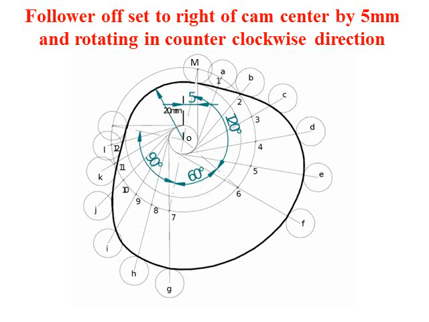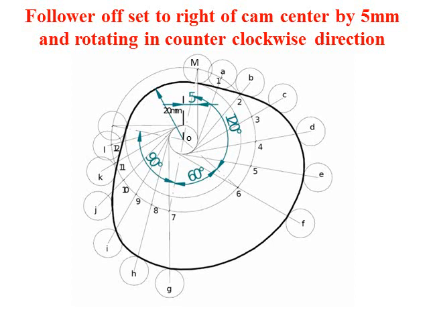Next, we are taking A as the center. We need to draw the roller for various points A, B, C, D, and the roller radius will be equal to the measured 5 mm.